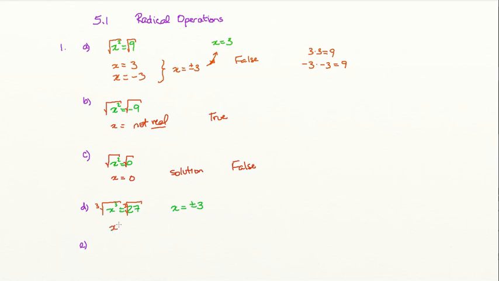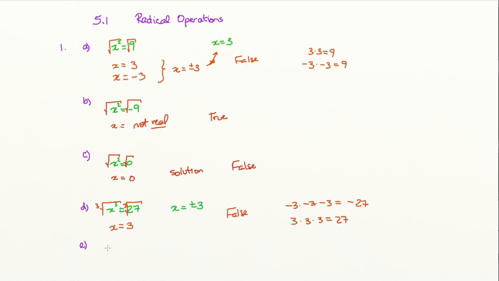So this is going to be x equals 3. I know plus 3 is correct. Let's try negative 3 as well. I know 3 times 3 times 3 equals 27. Negative 3 times negative 3 is positive 9, times a negative 3 is negative 27, so this isn't right. So D would be false.